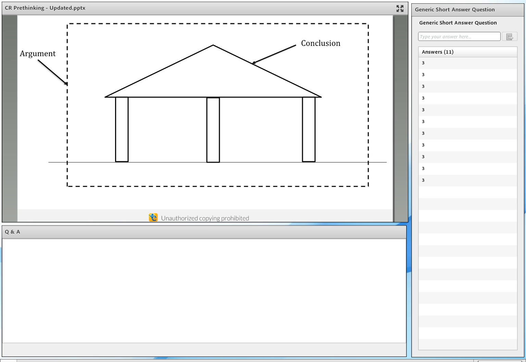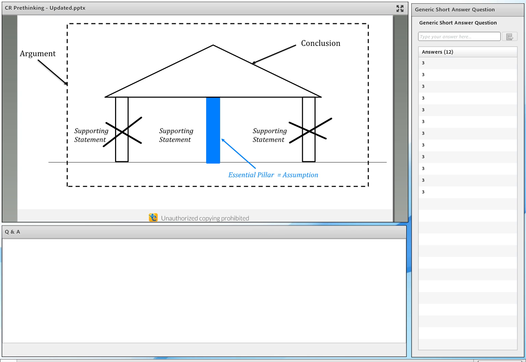While each one of these 3 pillars strengthens the roof, makes the roof stay upright, there's only one pillar that is essential for the roof to stay upright. You can probably take these two pillars out and the roof would still stay upright. It may not be as strong, but it would still stay upright. And this essential pillar is what an assumption is. Another way to look at this is that you can essentially, let me just remove the annotation.